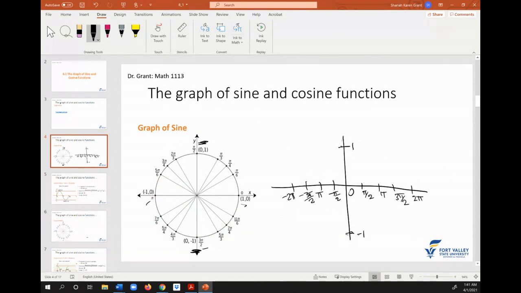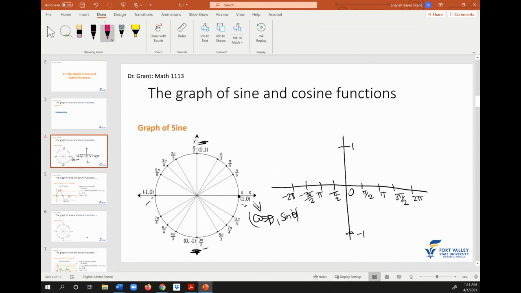So here, when we're at 0, notice that for the sine graph, if we recall, the coordinates here are cosine theta and sine theta. So sine corresponds to my y value.